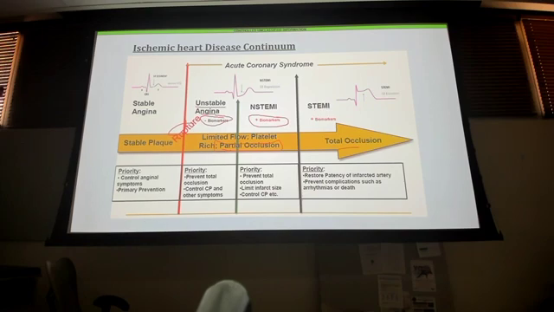If you get the same patient, you do the biomarkers, and the troponins are negative, then you're thinking that this is unstable angina, but remember, we've got to repeat the test in 3 to 4 hours to see if it actually remains negative. If it is a true unstable angina, they will remain negative. If they become positive at any point and you still don't get those ST elevations, then it is an NSTEMI.